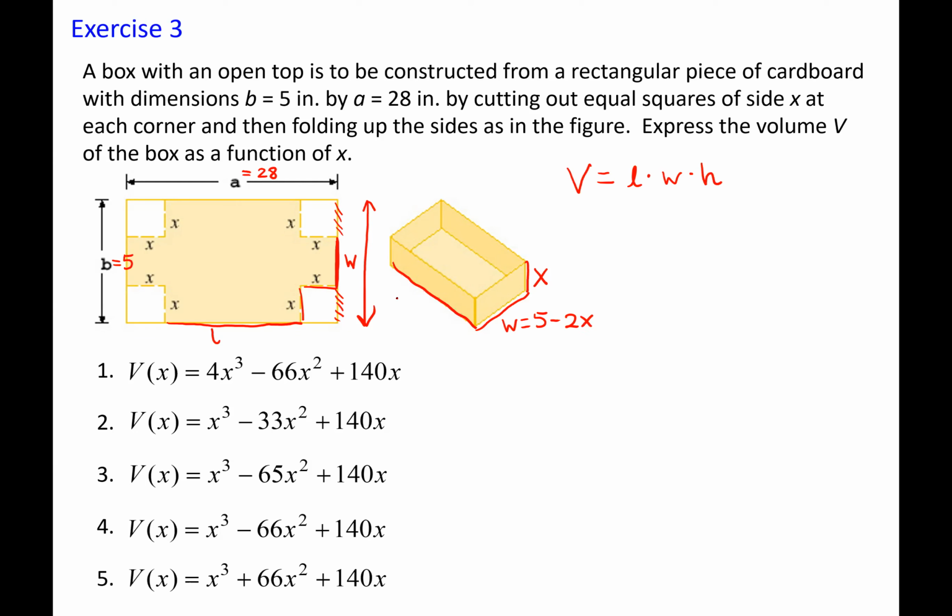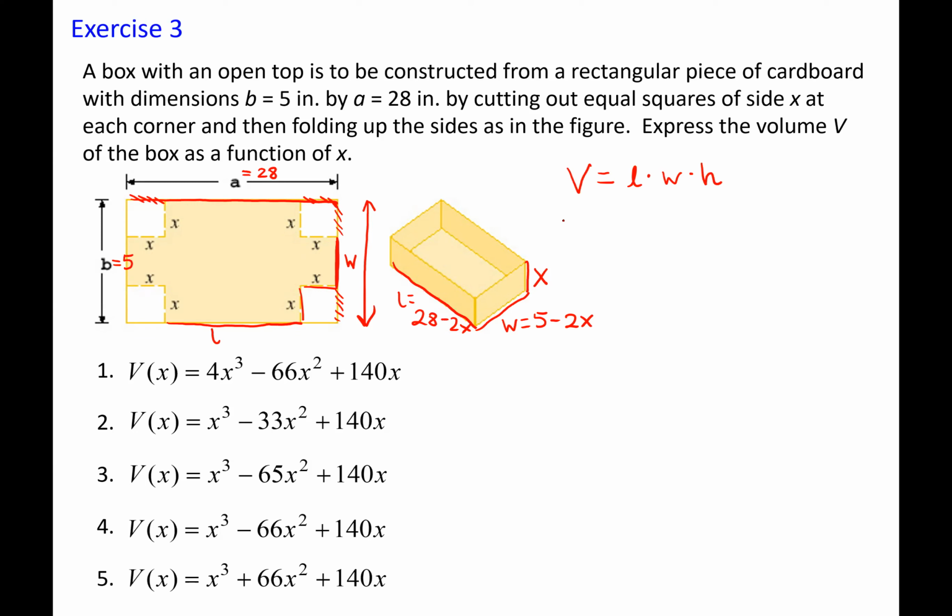And respectively, the same for the length: from the quantity 28, we subtract x and another x, 28 minus 2x. We do have all of the values.